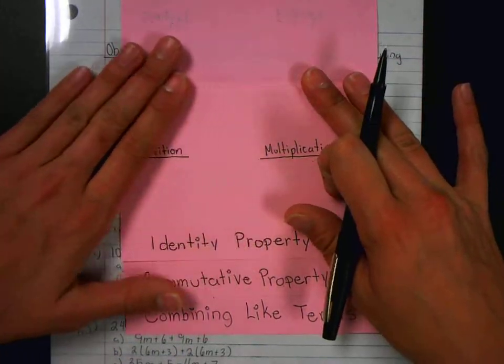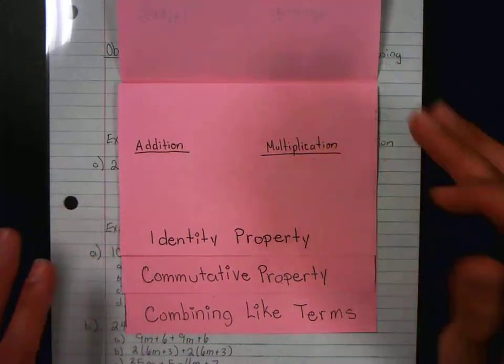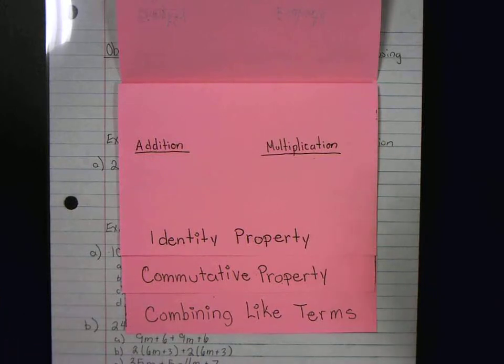We're going to look at a couple of properties here. Our first property is the identity property, meaning we're not changing the identity of the number. We're looking at just addition and multiplication. What can I add to a number so it doesn't change its value at all, or its identity? When we add a certain number to any number, we're not changing the value, and that number happens to be 0.